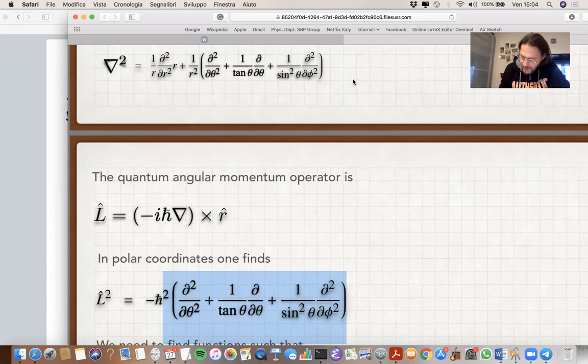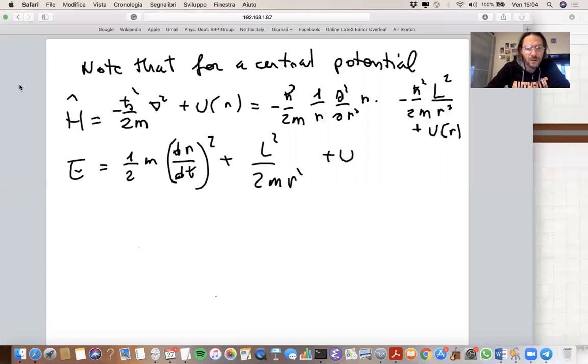So now you begin to see there is a one-to-one correspondence to what we did before.